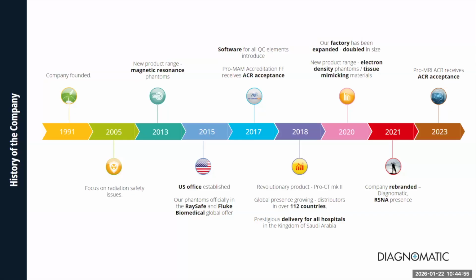In 2018, we reached almost 112 countries, presence in 112 countries. So this distribution rose and covered the majority of those.